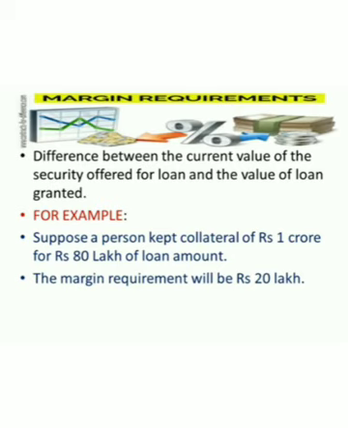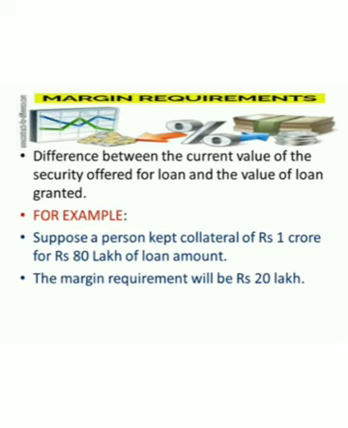Margin requirements. Margin requirement refers to the difference between the current value of the security offered for loan and the value of loan granted. These loans are in the form of collateral. Suppose a person kept a collateral of rupees 1 crore for rupees 80 lakh of loan amount.